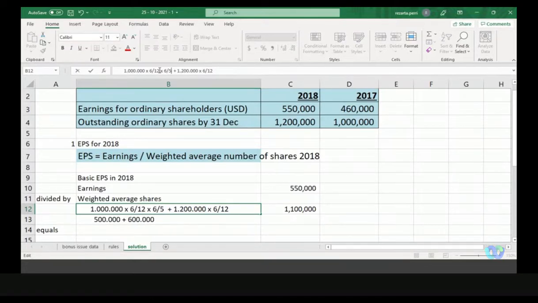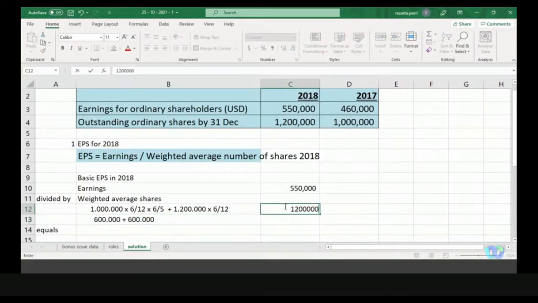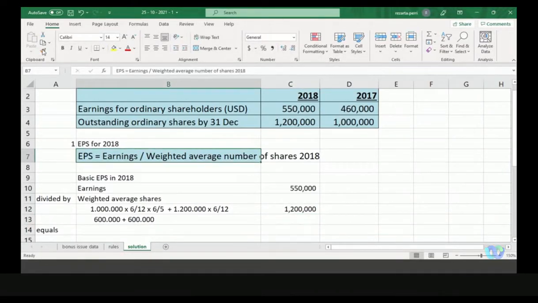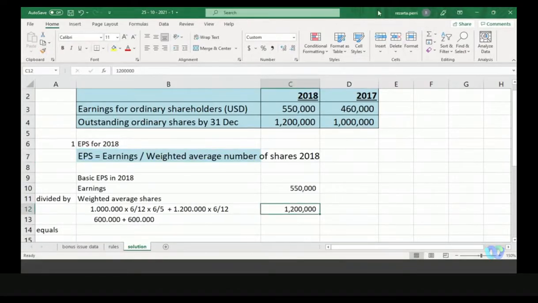If we apply the bonus fraction, the first part of the formula is going to result in an amount of shares not of 500,000, but 600,000. And that means that the total amount of weighted average shares to be used in the calculation of the earnings per share will be 1,200,000. Any questions so far?